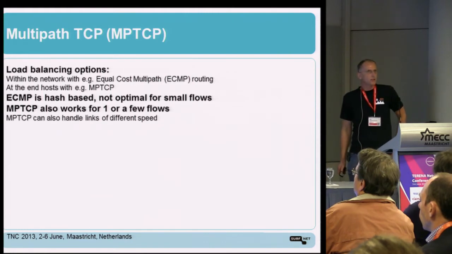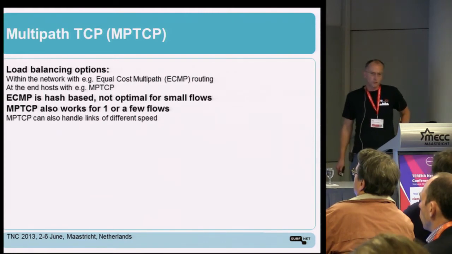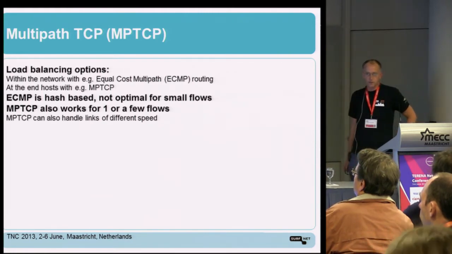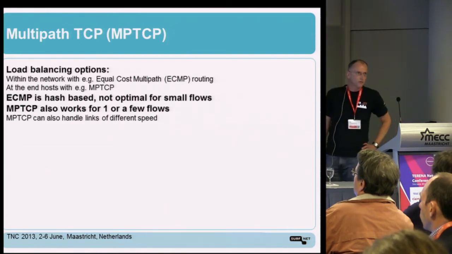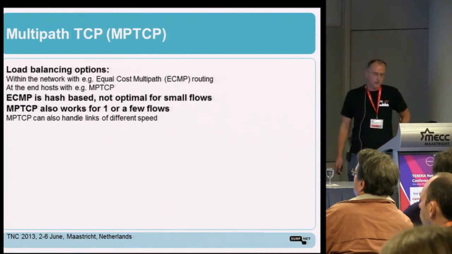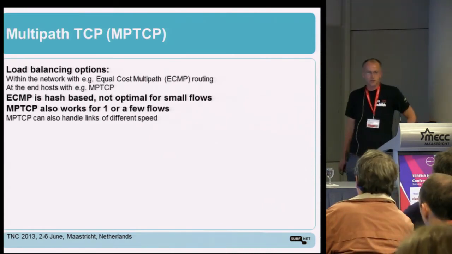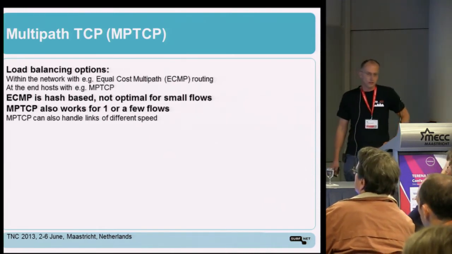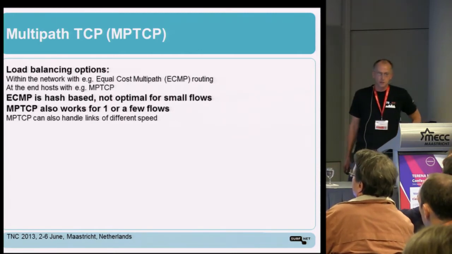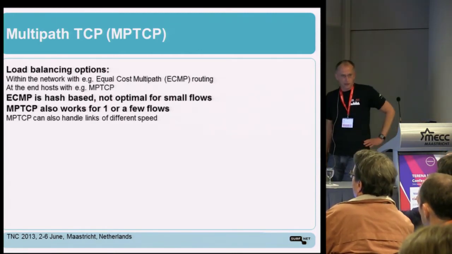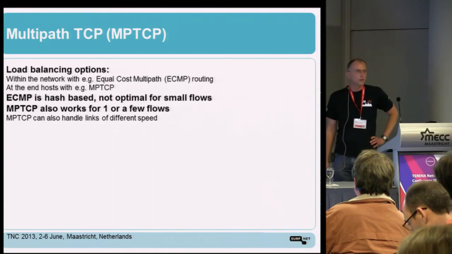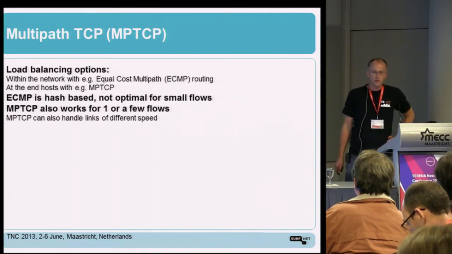So one of the technologies we are using is multipath TCP. It's a working group in the IETF, has been active for a couple of years now, and for several years there's been a Linux implementation, and since this year there's also a FreeBSD implementation. What it does is load balancing over multiple interfaces, multiple paths.